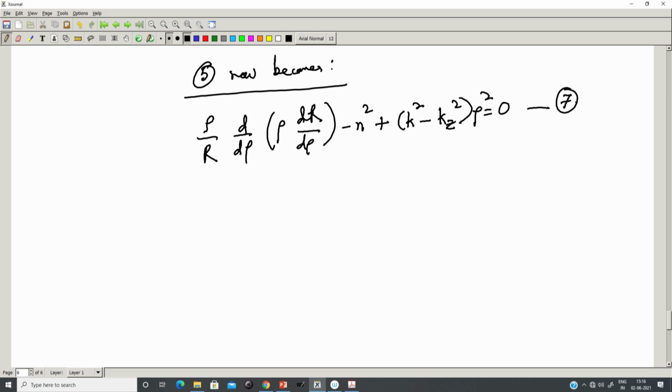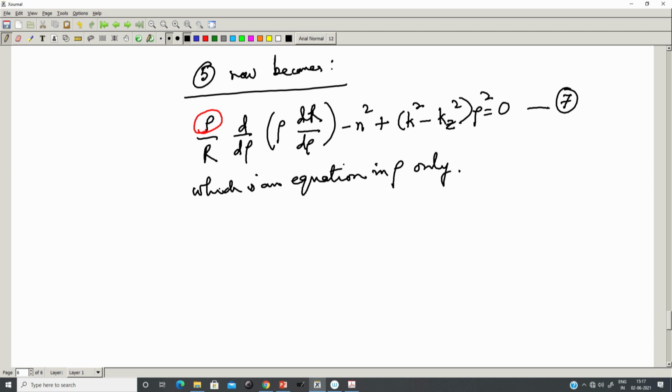Call this equation 7, which is an equation in rho only. So, this is an equation in rho only, there is no phi, there is no z.